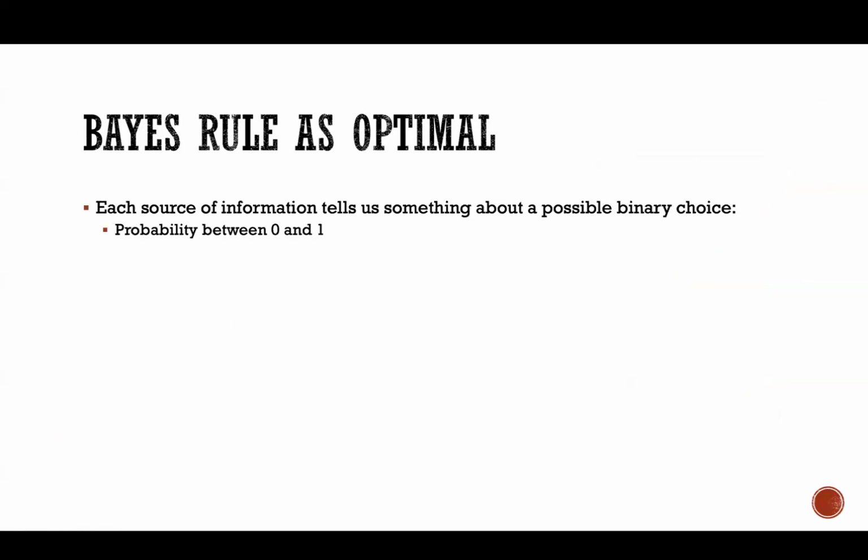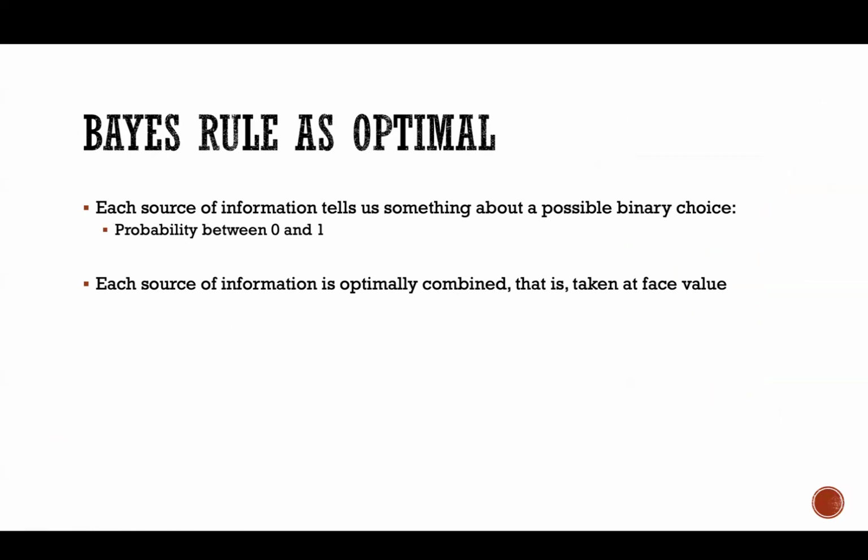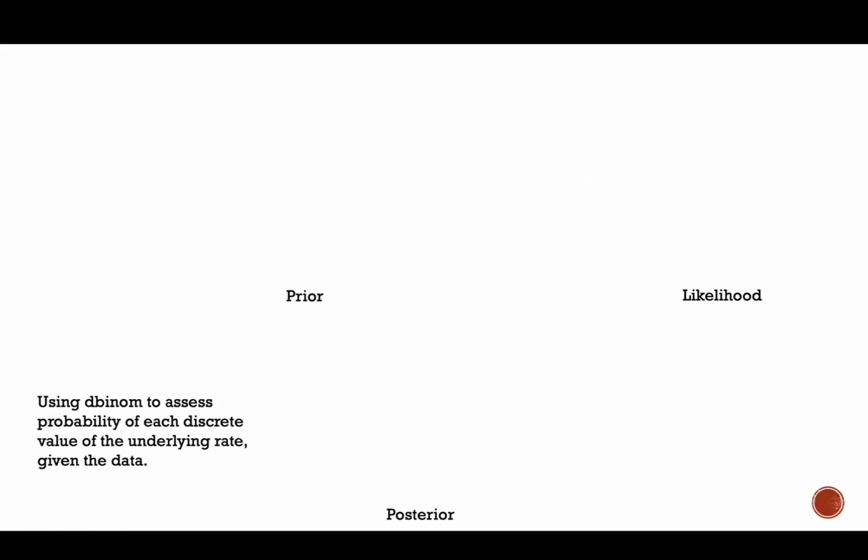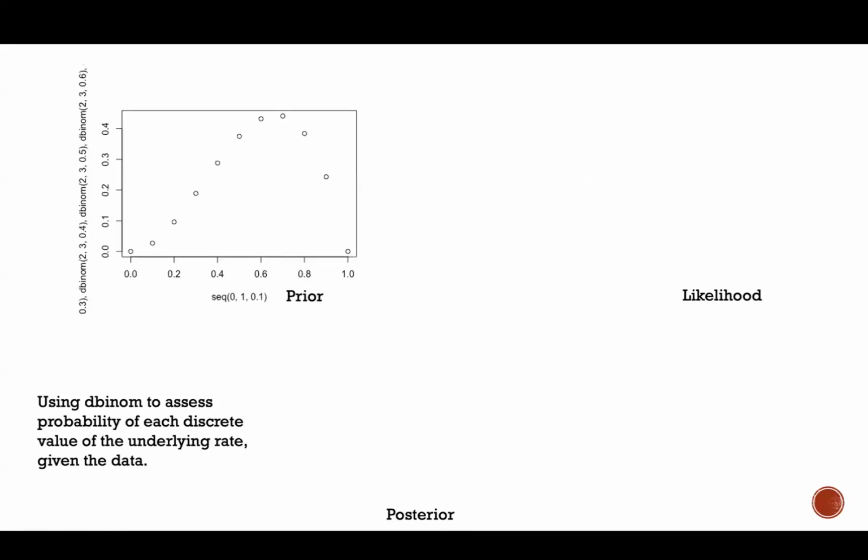The idea is that we can take Bayes' rule as optimal, right? Each source of information tells us something about a possible binary choice. There is a probability between 0 and 1. Each source of information is optimally combined, that is, taken at face value. And so what we can do is, here using the binomial, I draw the prior given 2 out of 3 being red.